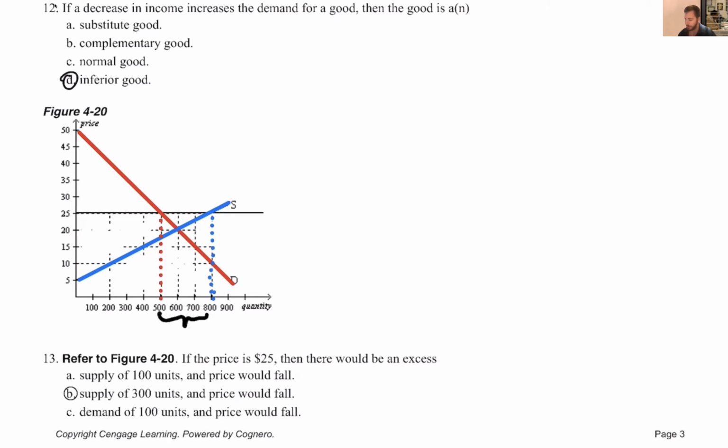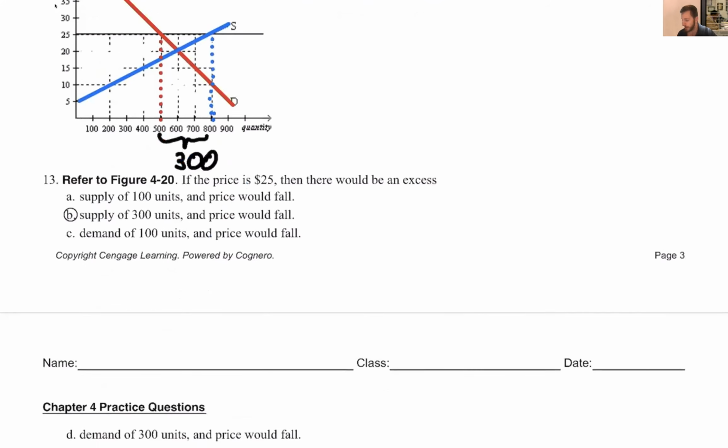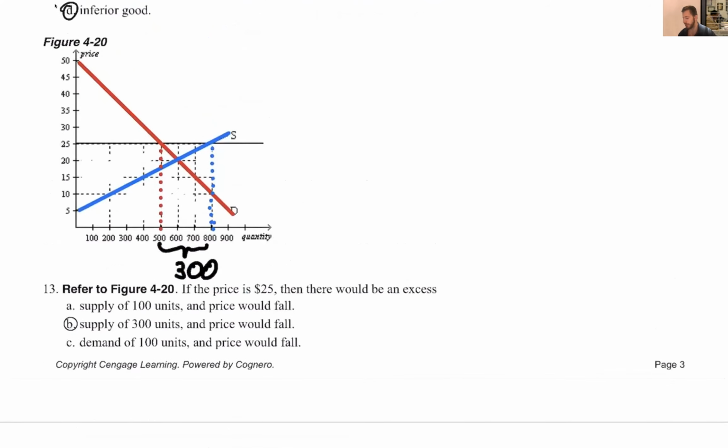When it's below, there will be more demand than supply. So the difference is 300. I hope that makes sense to you guys. There's another question that is exactly the same, but I'm going to skip that if the principle is clear with this example.